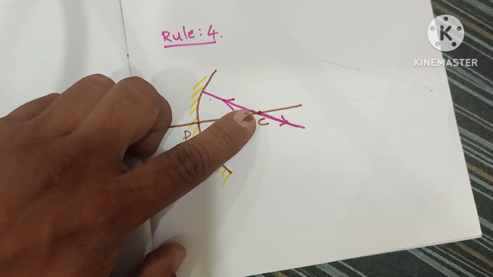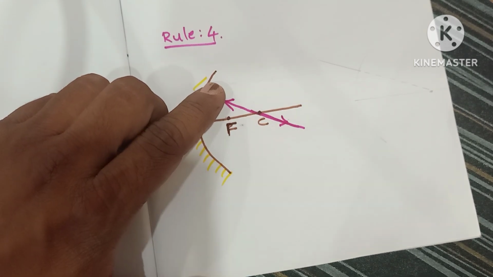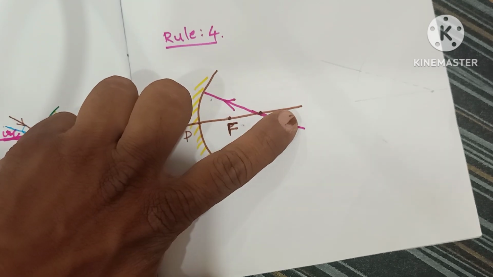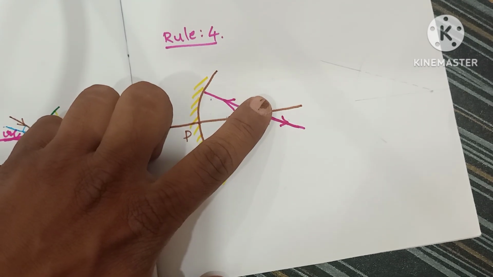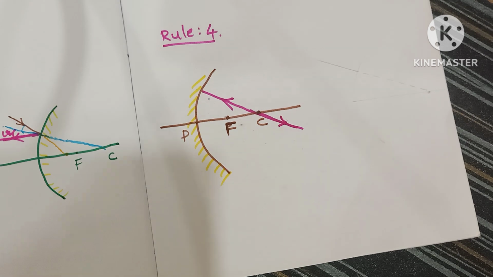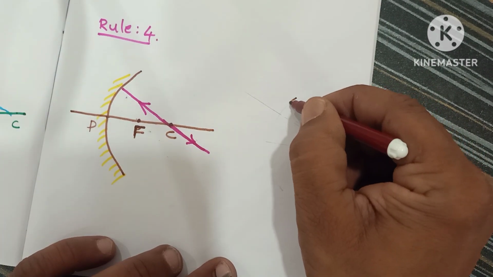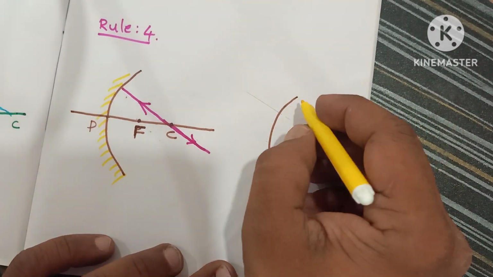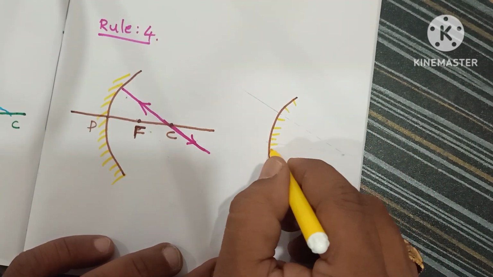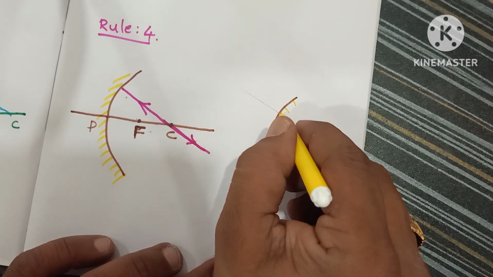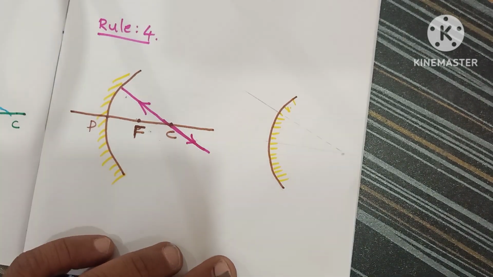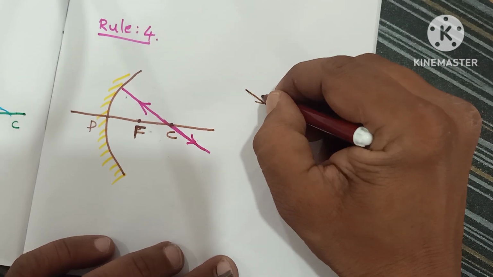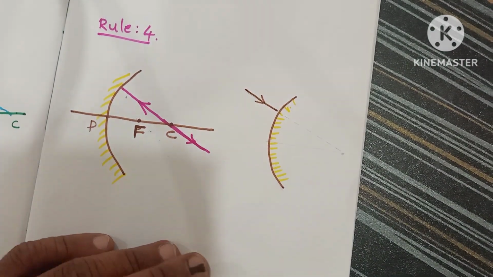So when a ray passing through the center of curvature falls on the mirror, it gets reflected along the same path, which means it retraces its path. Now the same diagram we will draw for the convex mirror. This is a convex mirror, which is coated inside. This is a ray incident on it.